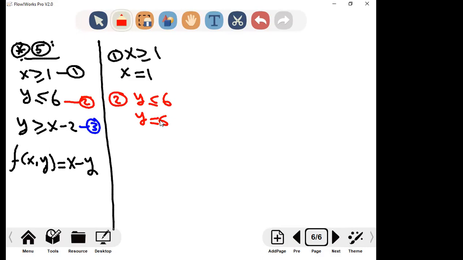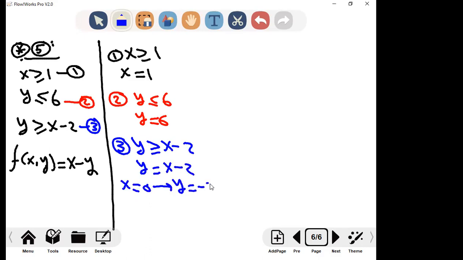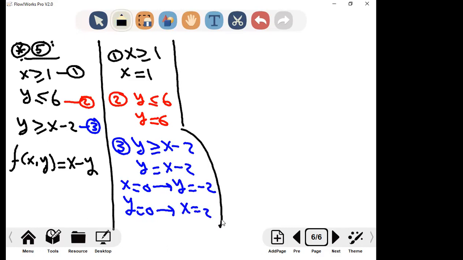The third one, y more than or equal x minus 2. Here we have 2 intercepts. If x equals 0, y equals negative 2. If y equals 0, x equals 2. Now I'm ready for graphing.